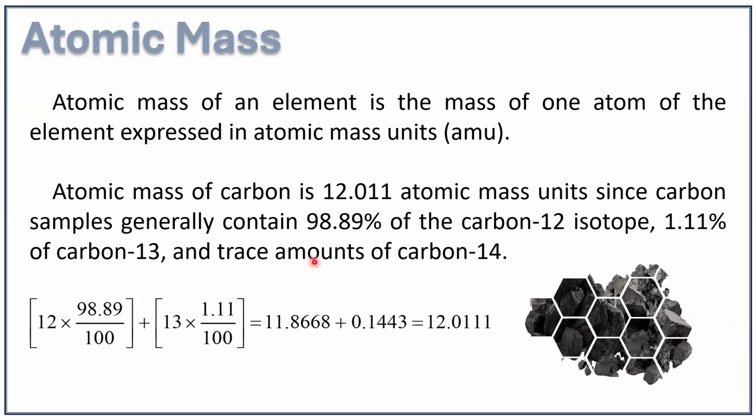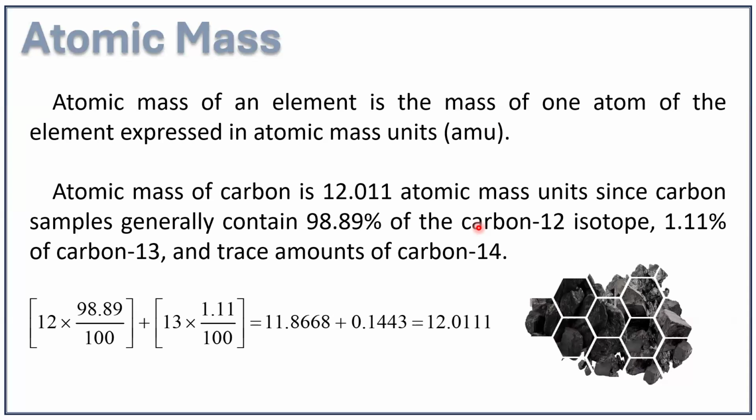And it can also contain trace amounts of carbon-14 as well. We can neglect carbon-14, which is only present in trace amounts. So carbon actually consists of 98.89% carbon-12 isotope and 1.11% carbon-13.